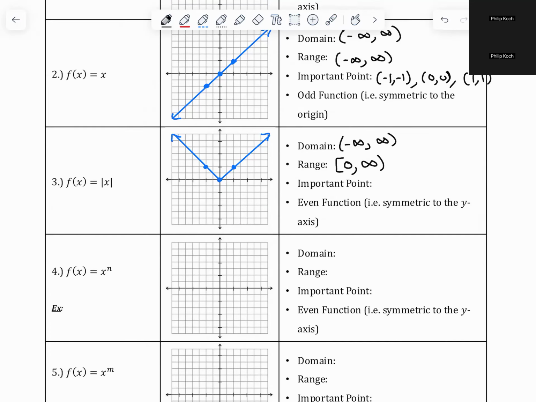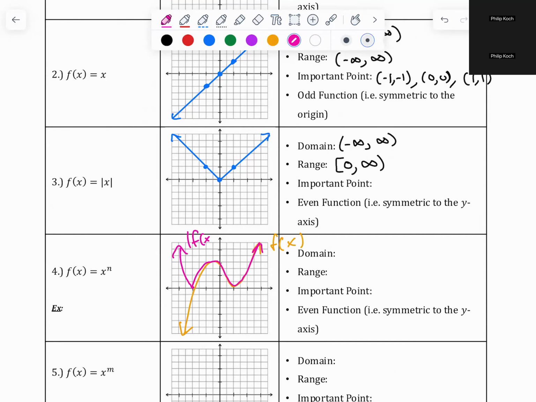As a fun little tidbit, if this is your function here, if that's f of x, then the absolute value function is this. This is the absolute value of f of x. All it does is it takes the negative portions and flips them across the x-axis. Thank you.